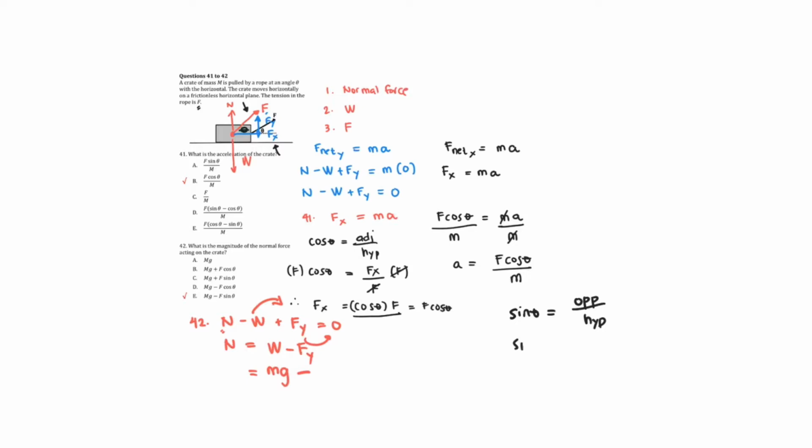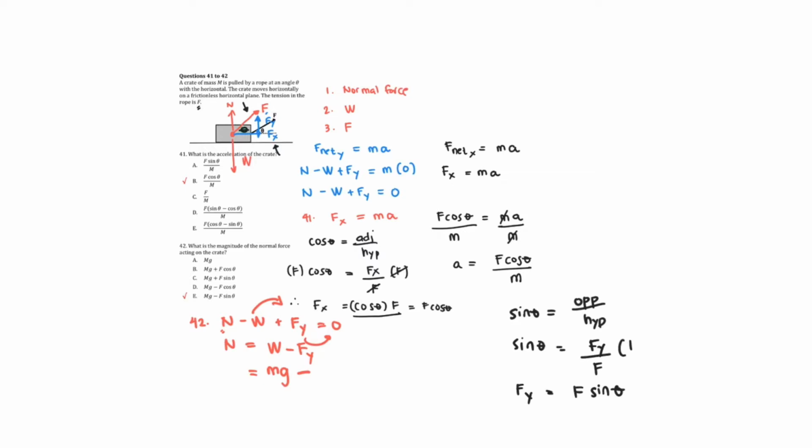So we will have sine theta, and in this case the opposite side to our angle is going to be Fy. So I will say Fy divided by the hypotenuse, which is F, and therefore Fy is just equal to F sine theta.